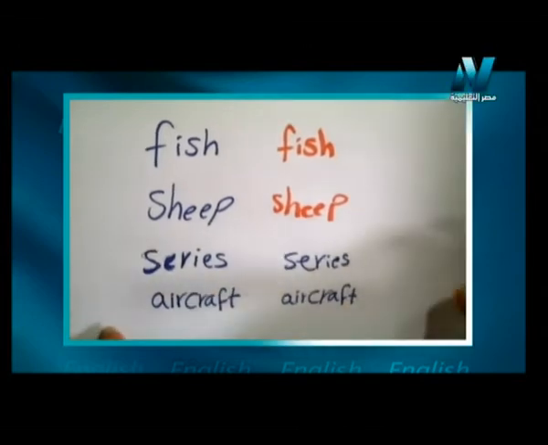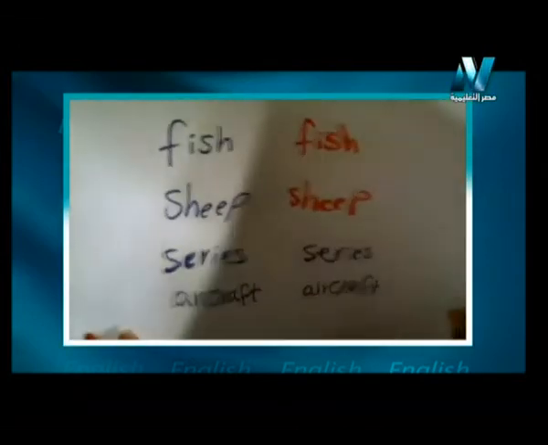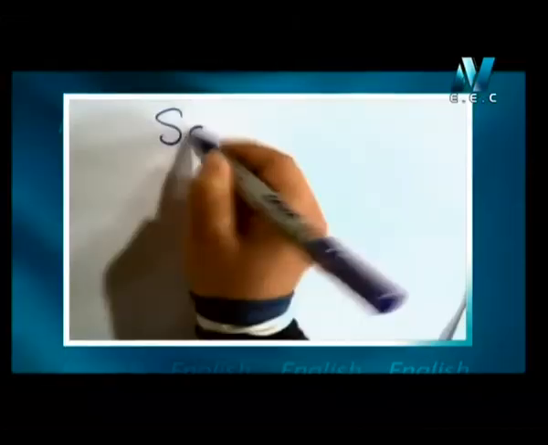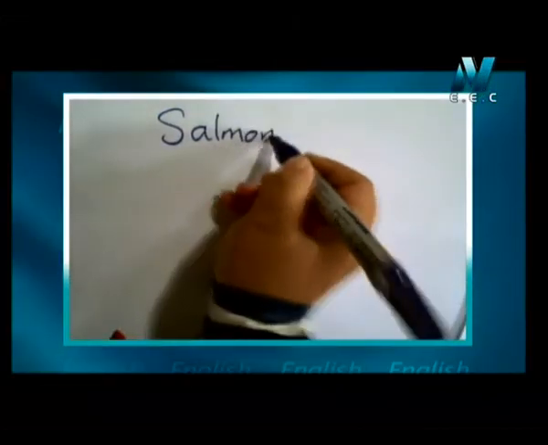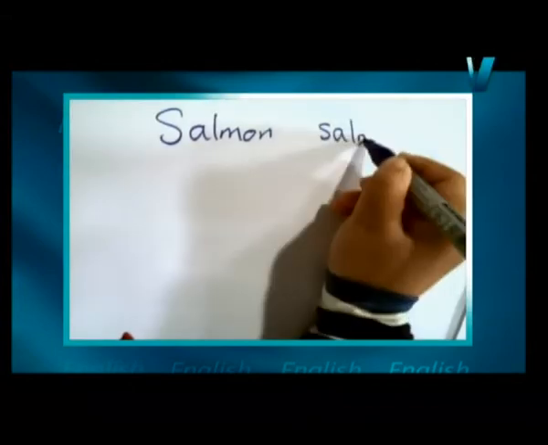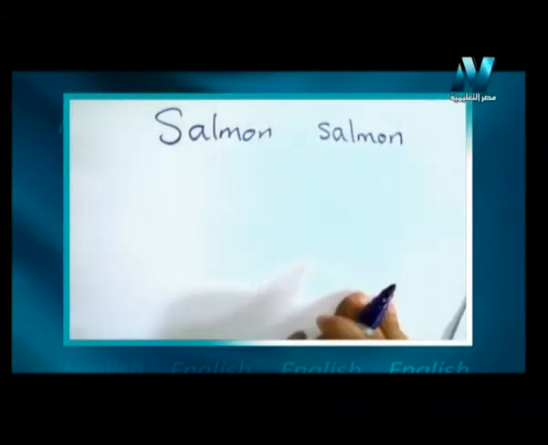Salmon, salmon is going to be salmon as it is. So we have some words we don't have any change in the form of them. Like what? Like salmon, like fish, like deer, sheep, series, and aircraft. We keep them as they are.